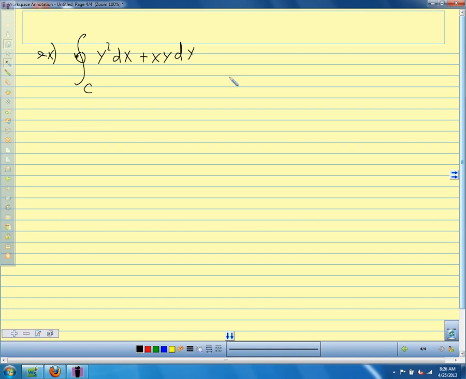We have to take those partial derivatives anyway to test if the field is conservative. So if we're using Green's theorem or testing if it's conservative, really we're doing the same thing. Okay? So we want to evaluate this line integral, and now our path is the boundary.